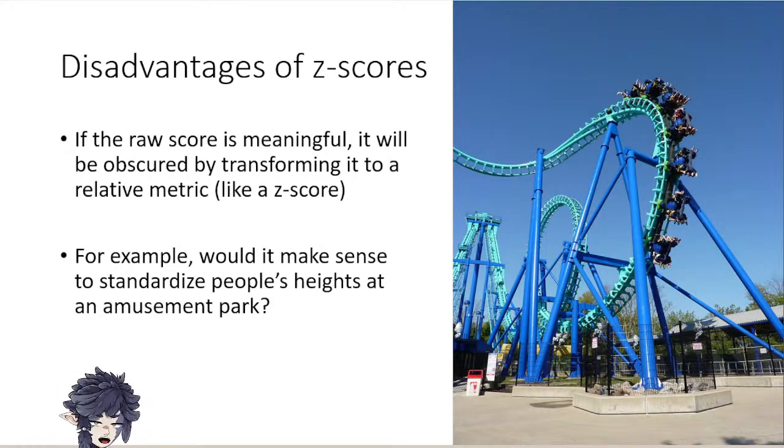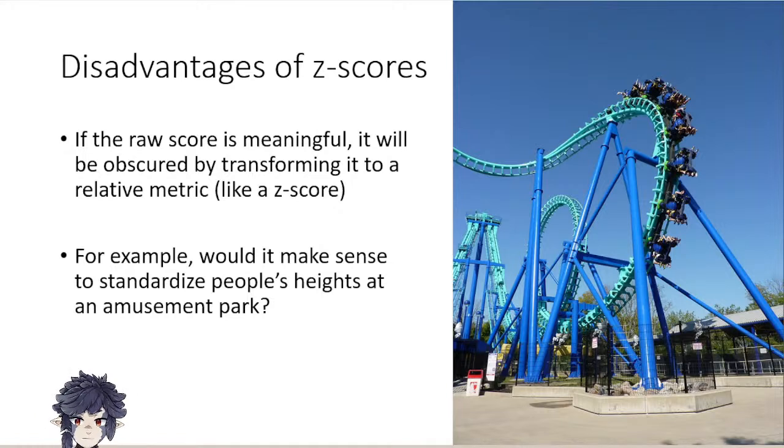What is my reference group? Even if this person knows what z-scores are and knows my z-score and the mean and standard deviation of the reference group, if they don't know the reference group, they won't be able to calculate how tall I am. At that point, telling them the z-score is kind of useless.